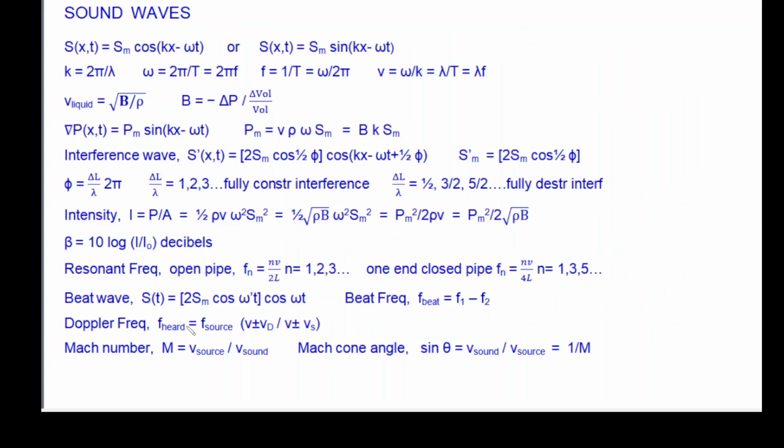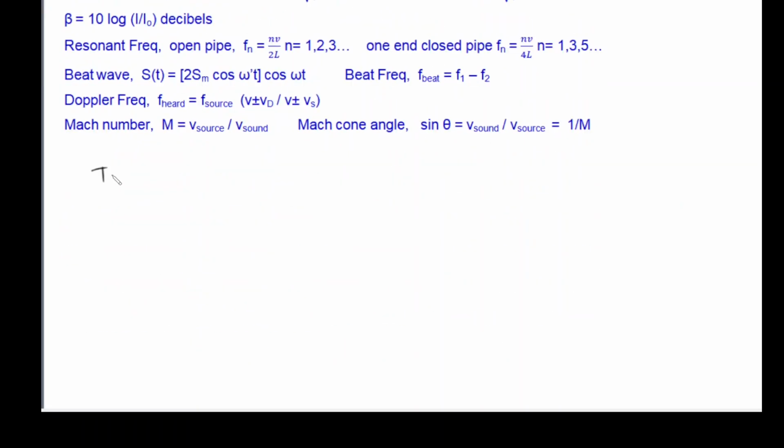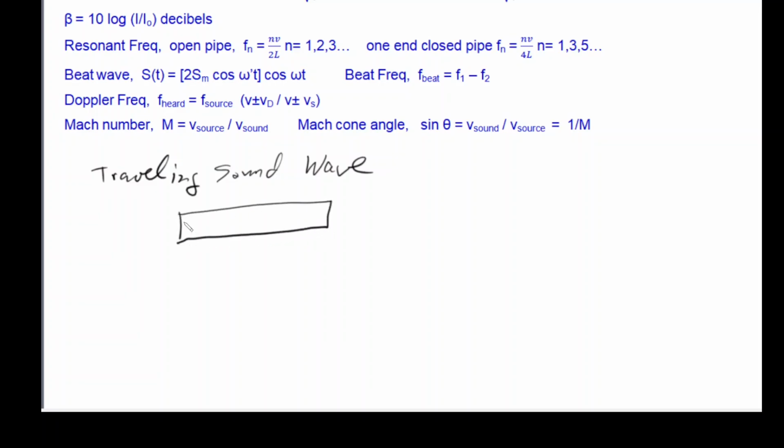Let's look at a traveling sound wave. We'll consider that the sound is traveling in a pipe and being produced by a piston. So if we have our pipe, and here's our piston, and the piston moves back and forth, basically in a sinusoidal pattern. So this is similar to simple harmonic motion.